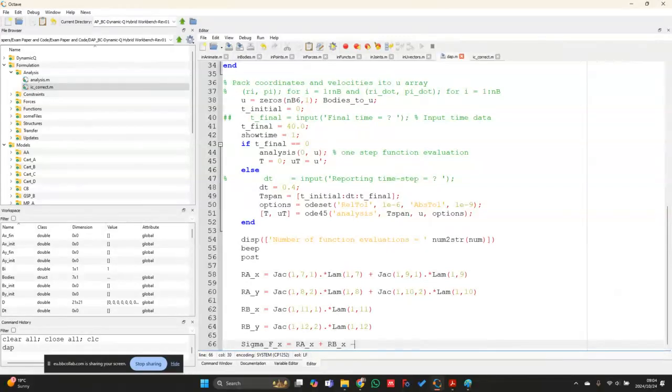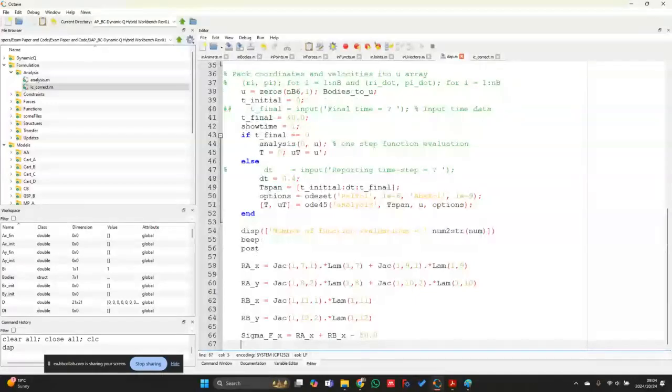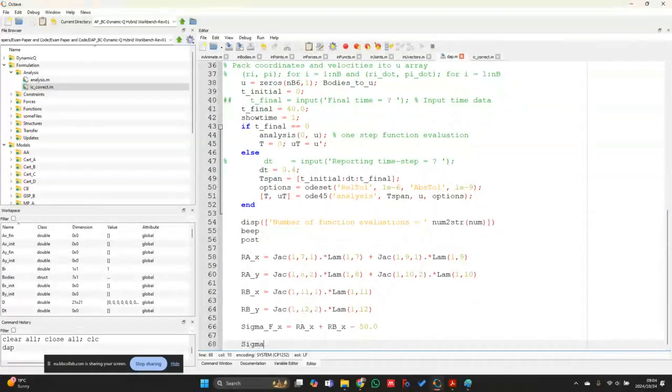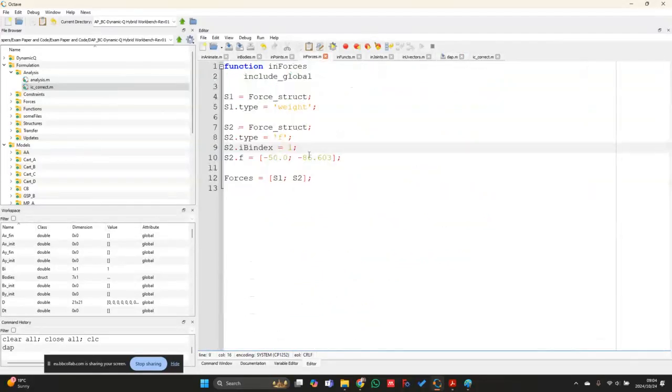If I head to DAP, I simply say over here minus 50.0. And then for sigma Fy, I simply take into account Ray plus Rby. And then I need to minus the in forces, so this 86.603.